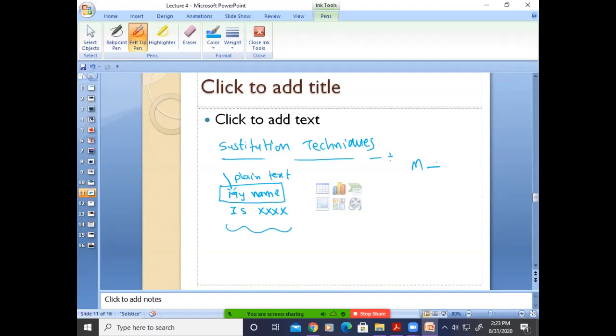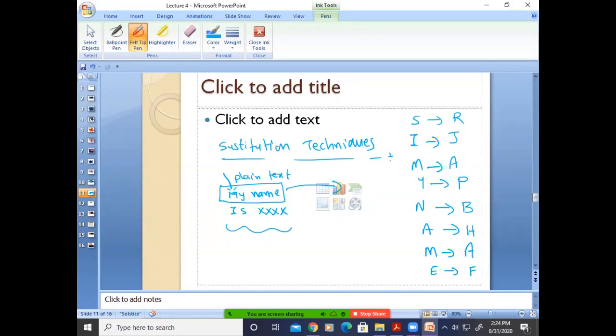Suppose M is converted into A, Y is converted into some P, N is converted into some B, and A is converted into some H. M means again A, E means suppose some F, I some J, S converted into some R, etc. This is just an example. So in the encryption techniques we are using, the substitution method means each character or element will be mapped into another element. That is the substitution technique we are going to see in detail, for different examples.